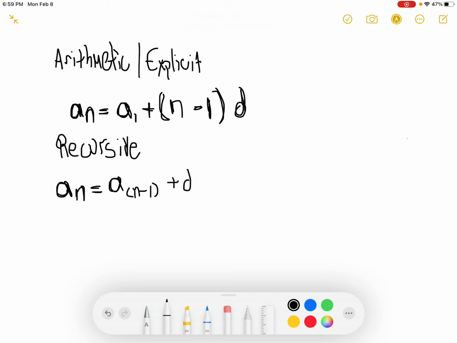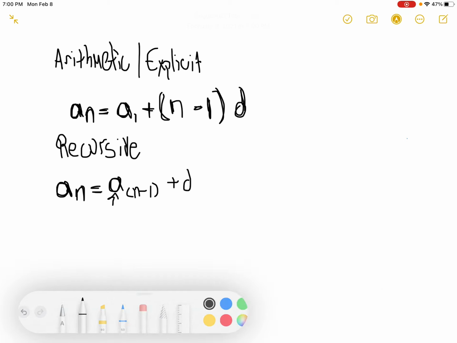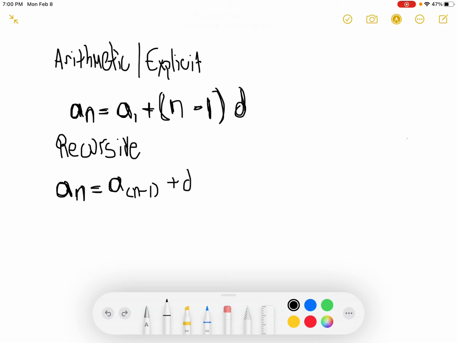So the same variables mean the same things, but for that same example, you would need to know the previous term. So you wouldn't really be able to use this one in that situation because you didn't know what was before that. Now we would know that if it was 269, then that term would be 265 if you subtract 4. But anyways, those are the two formulas that you will use.